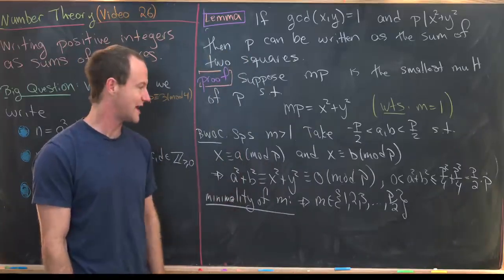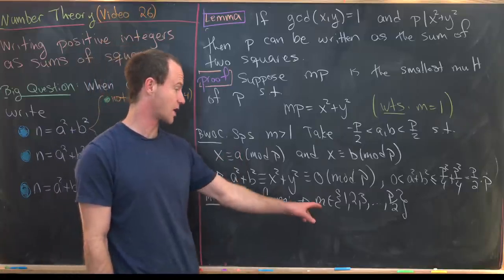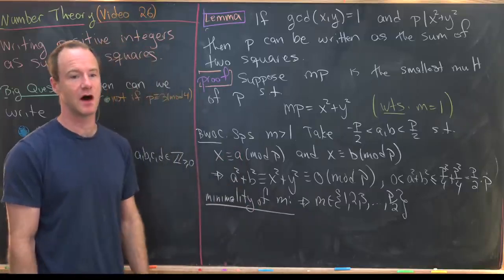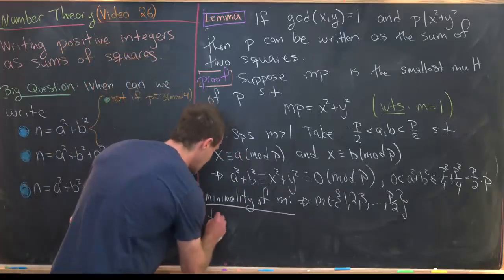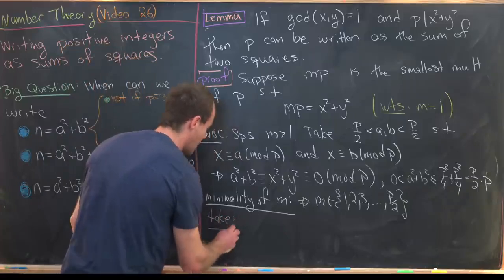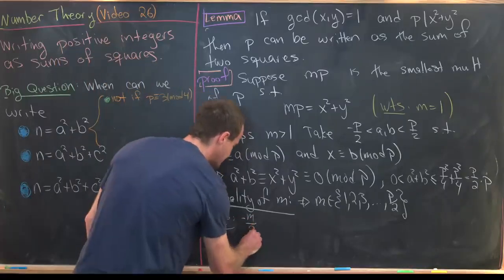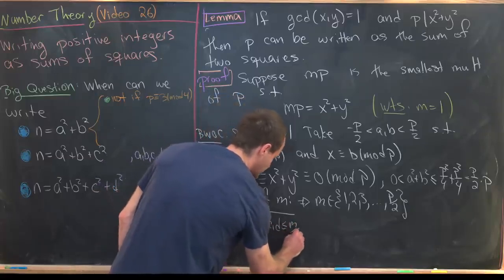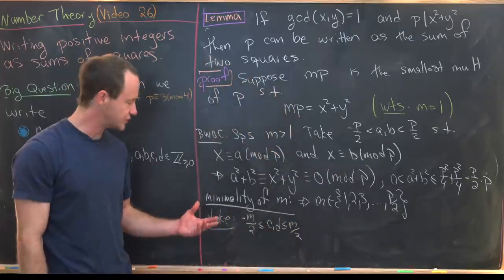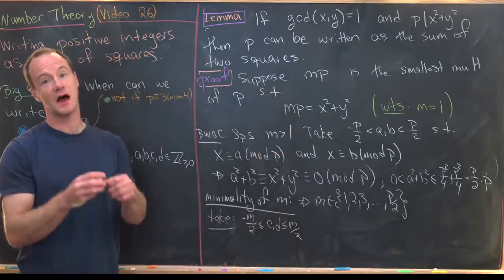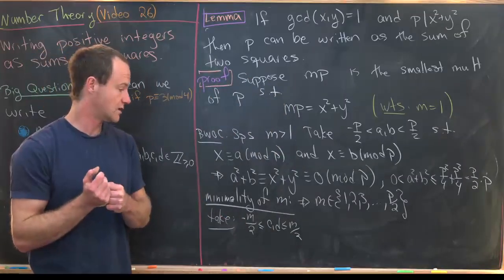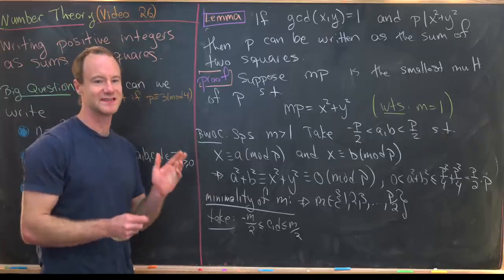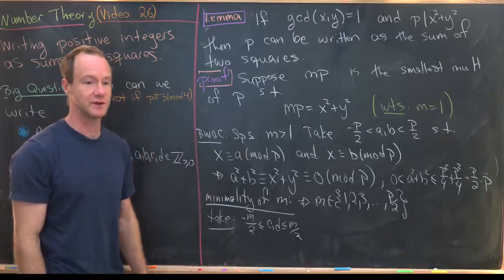Okay, and now we're going to play this same game again, but working mod m instead of mod p. So let's take two numbers, and we'll call them c and d, and they're between minus m over 2 and m over 2. So they're from a reduced residue system mod m, not the most standard one, but the second most standard one, the one that's centered around the origin.